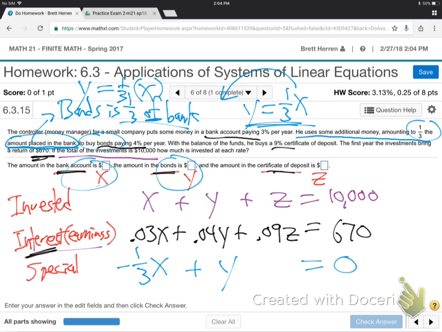Everybody see how it came down that way? See what I did there? Is that good? Y equals 1/3 X.